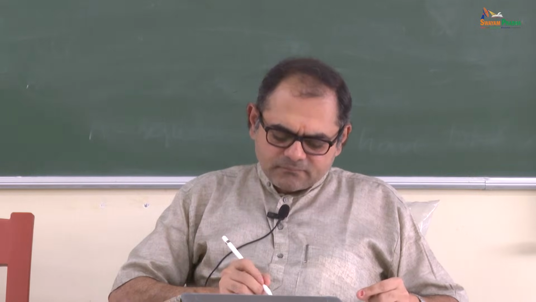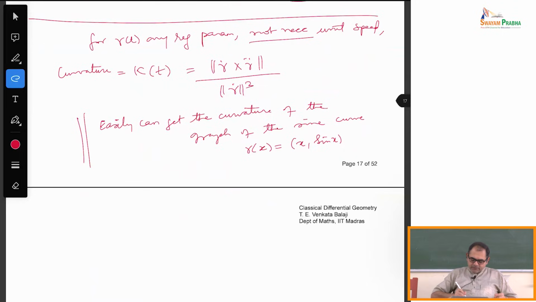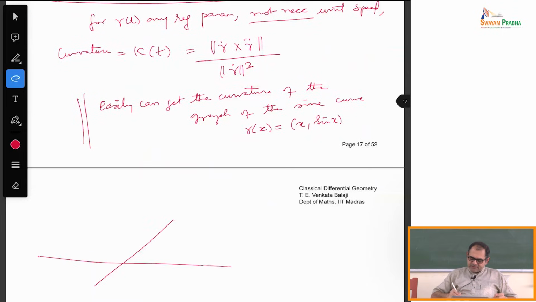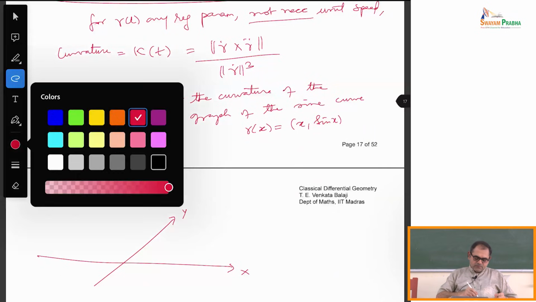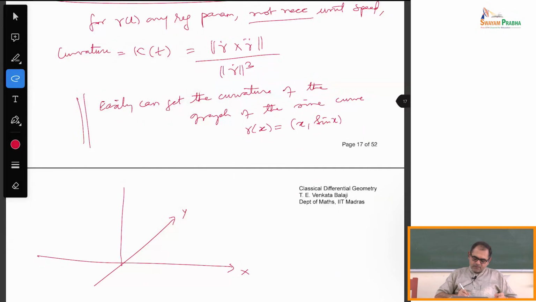So as a particular example, let me compute the curvature of a helix. It's a very simple example. The situation is like this. This is your x axis, this is your y axis, I mean this is your xy plane, and this is, let's say, the z axis.